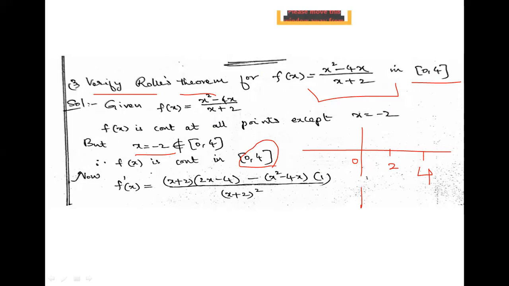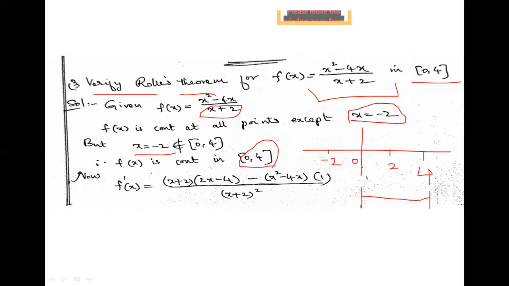But see the denominator, x plus 2. If x plus 2 is equal to 0, then it will become discontinuous. So if x is equal to minus 2, at this point this function f of x will become discontinuous because it will become infinity.